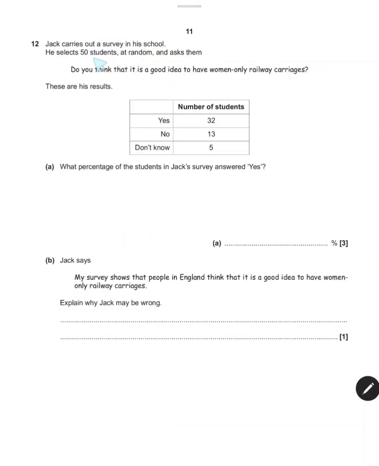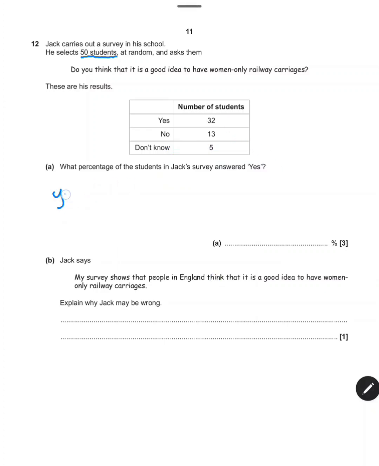Question 12, we've got someone who's carried out a survey of 50 students at his school, and he's asking if it's a good idea to have women-only railway carriages, and these are his results: 32 yes, 13 no, and 5 don't know. And it says what percentage answered yes.